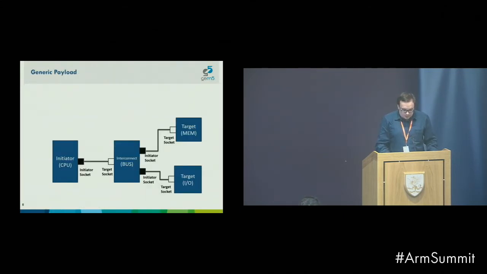So how does it work in general? You could have a system like this with a CPU, a bus in between as interconnect, and then a target memory and target I/O. When you want to communicate, you draw a so-called payload reference from a pool.